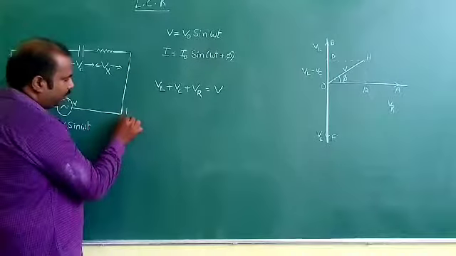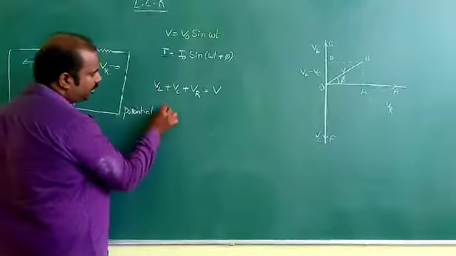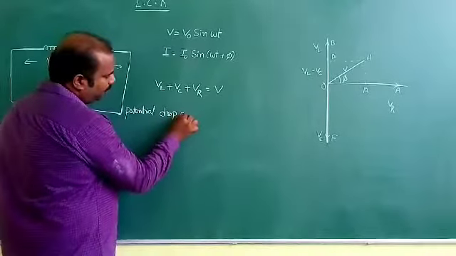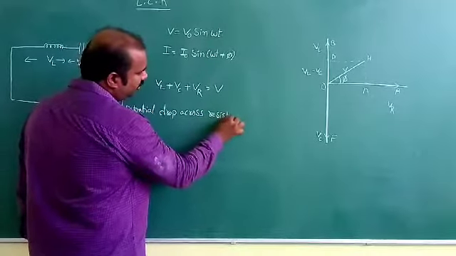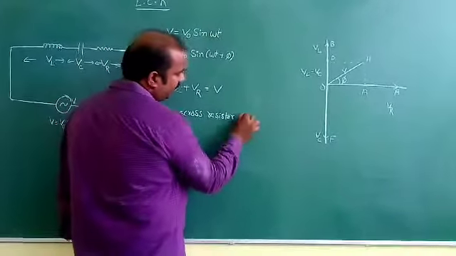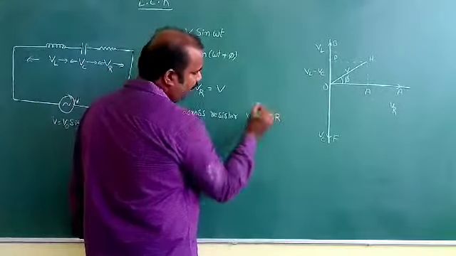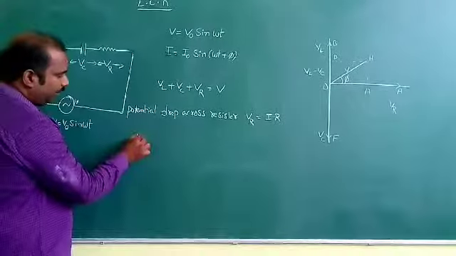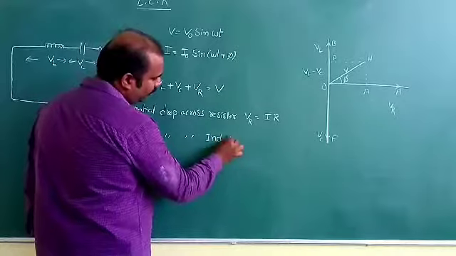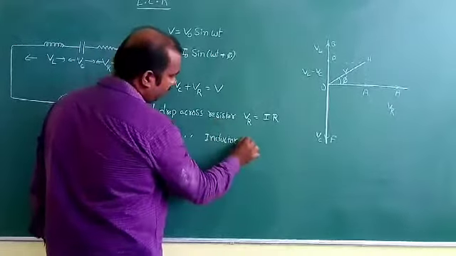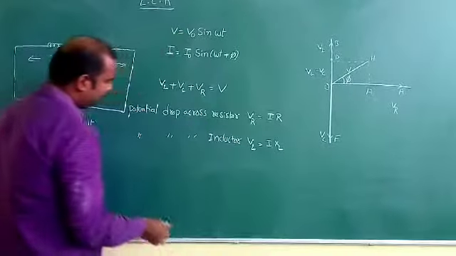Next, the potential drop across the resistor is given by VR is equal to I into R. Similarly, the potential drop across the inductor is given by VL is equal to I into XL.